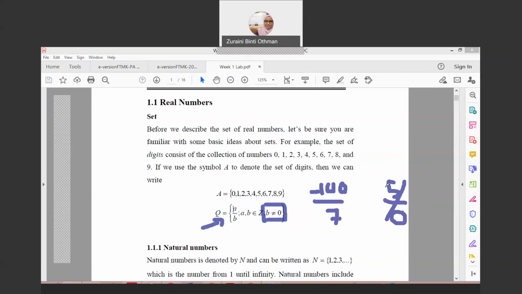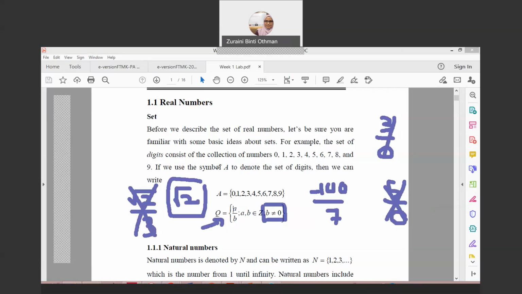Jadi ini bukan Q. Contoh 3/0 pun bukan juga Q sebab B tak boleh sama dengan 0. Dan kalau kita ada macam ni, punca kuasa 2/3, yang ini juga bukan Q. Kenapa? Punca kuasa 2 is not an integer. Lepas ni kita akan terangkan lagi lebih mendalam tentang integer.